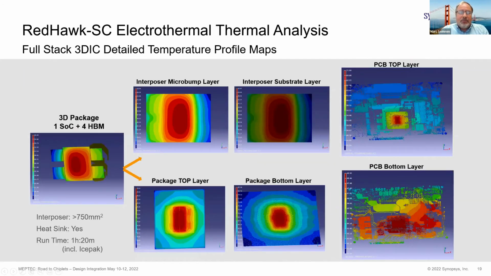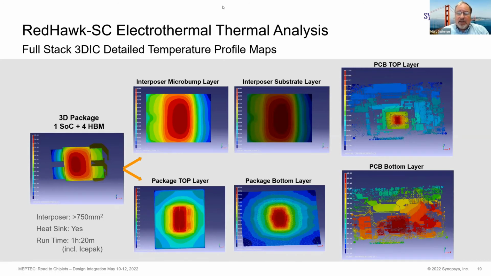Here you see an example of RedHawk-SC Electrothermal giving you a thermal analysis. This is a 750 square millimeter interposer with a heatsink on it. One of the problems with thermal analysis, of course, is whether there is a heatsink or not, and whether there is a fan on this heatsink. It makes a huge difference as to what the final temperatures turn out to be.